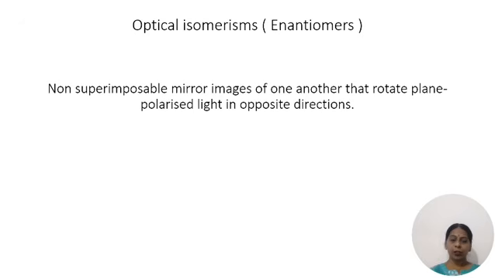But before knowing all this, we must know what is meant by non-superimposable mirror images, in what situation they are formed, how they are formed, and what is meant by plane polarized light. Now we are going to study.